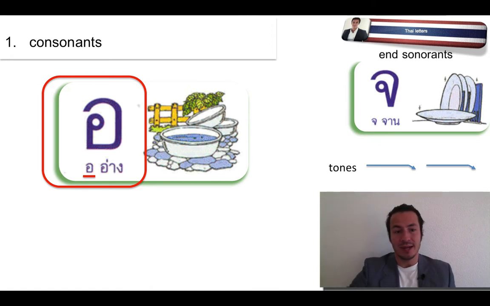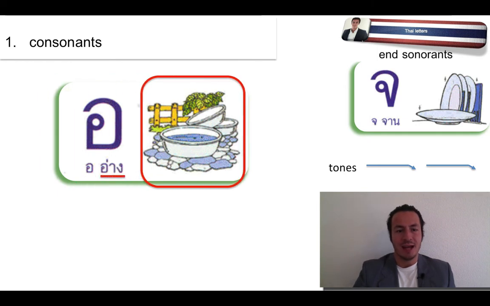And then to the right the marker word or picture, ang, which means bowl. So you already know that some words in Thai can be built with these consonants. So we not only know to which consonant class the consonant belongs by the background color, but we also know the marker word and its translation basically.